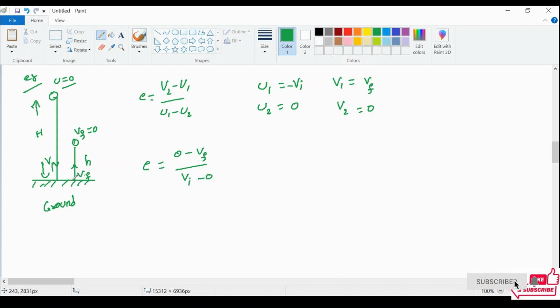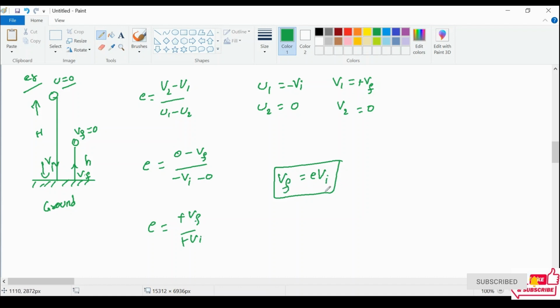V initial is downward, you take it as negative, v final you take as positive, and wherever v initial is there, put minus. So what you got? Minus vf by minus vi, minus minus cancel. So I got v final is equal to E times v initial. Understand?